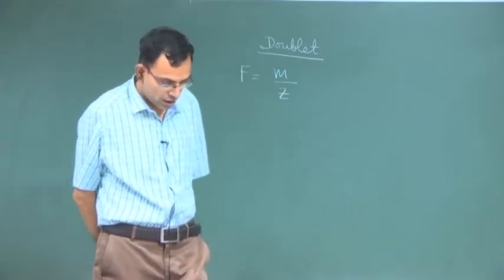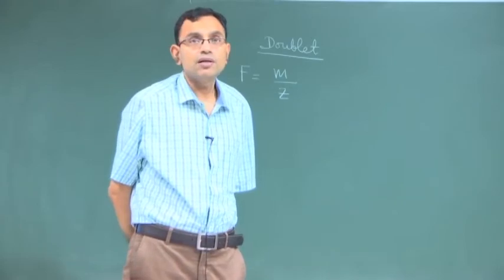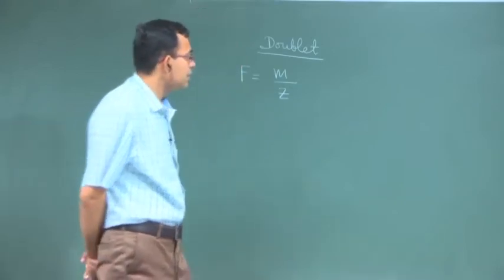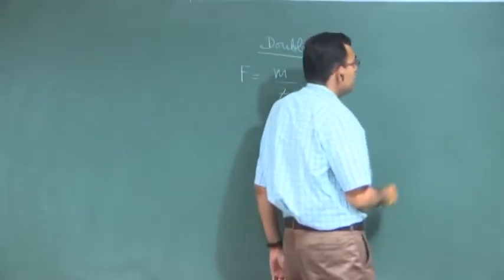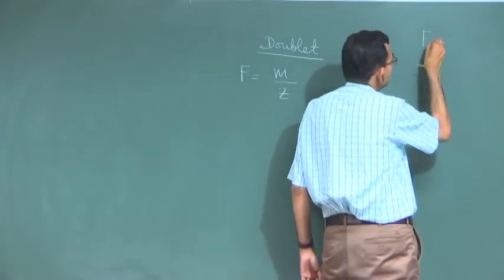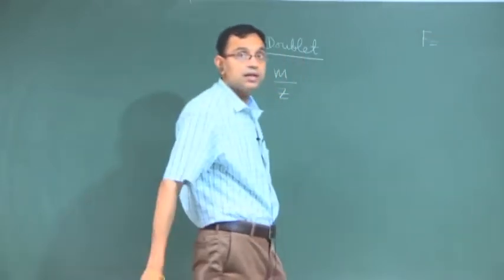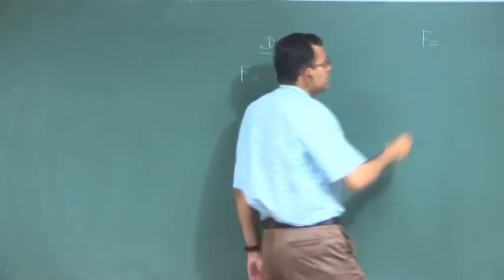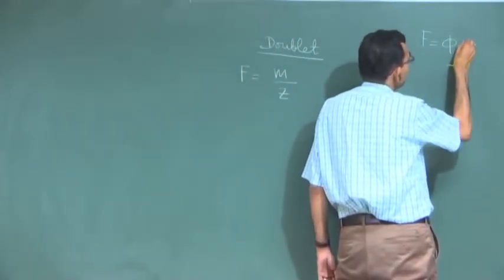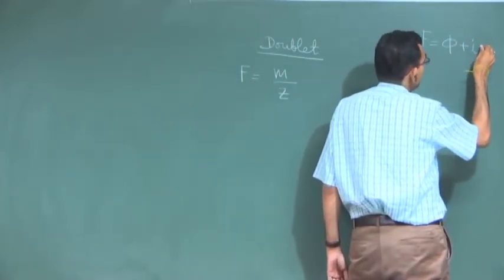Now, what kind of flow does it indicate? Remember, let us keep this at one side of the board, so that we can relate it with what exercise we are doing today.